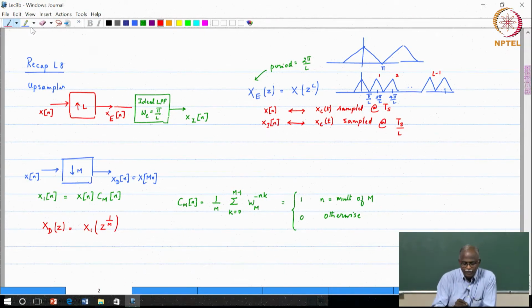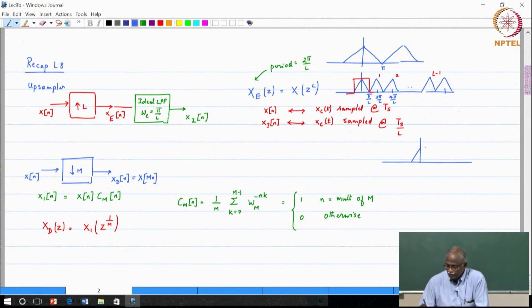And we said that if we followed the expansion of the signal by the zero insertion with low pass filtering, which removed all of these images, then we get an interpolated signal. There are no more zero valued samples, all of the samples have been filled in, and the resultant spectrum looks as follows. So you have it limited to minus pi over L to pi over L, all the way to 2 pi.